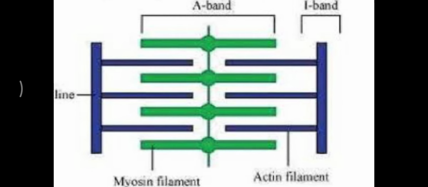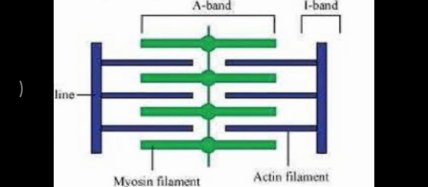So if you talk about the complete structure, then skeletal muscle is made up of a number of bundles. These bundles are called fascicles. Each fascicle is formed of muscle bundles. The muscle bundle is further formed of muscle fibers. Every muscle fiber has the membrane, cytoplasm and endoplasmic reticulum, that are called sarcolemma, sarcoplasm and sarcoplasmic reticulum.